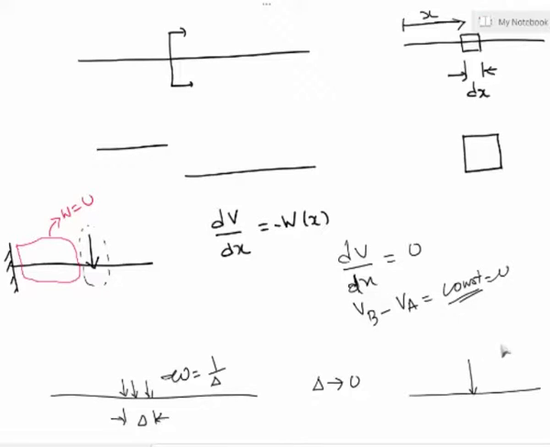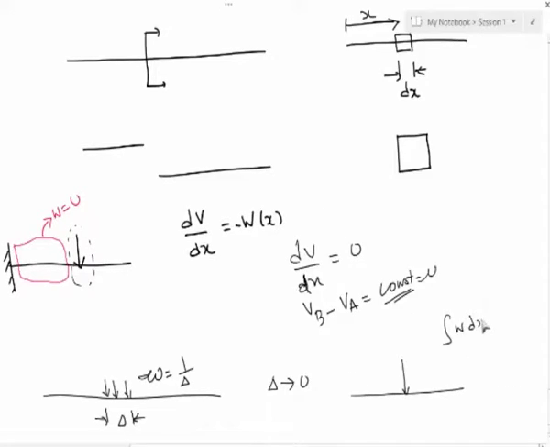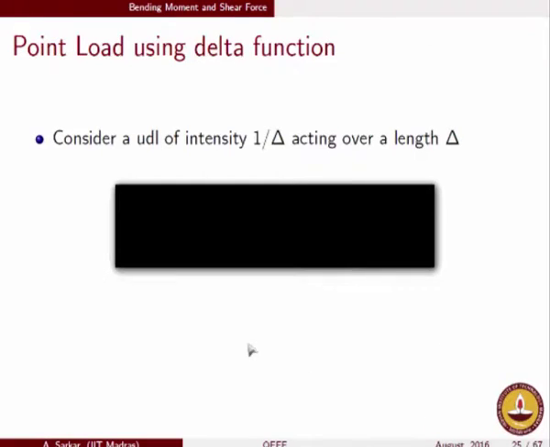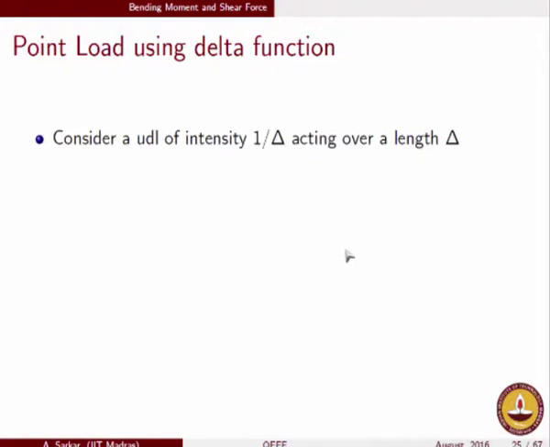What is the total value of the load? The total value of the load is integral W dx, so it is the area under this curve. The way we have defined this function, the area under the curve of this distributed load is always 1, since 1 by delta times delta is always 1. So this is exactly what we have in mind in the definition of the delta function.